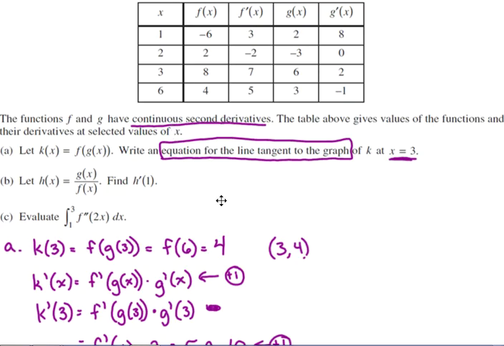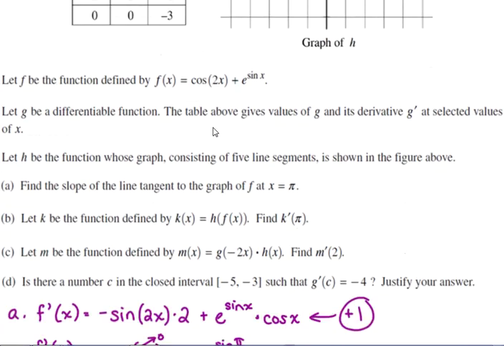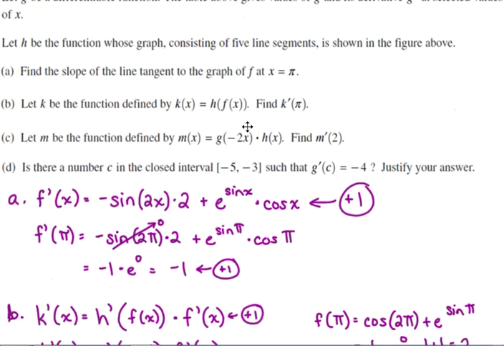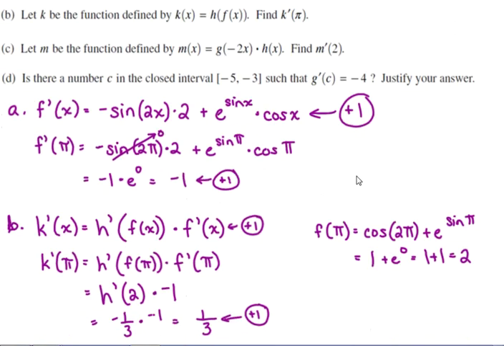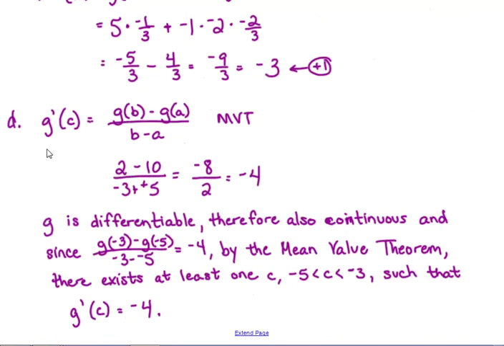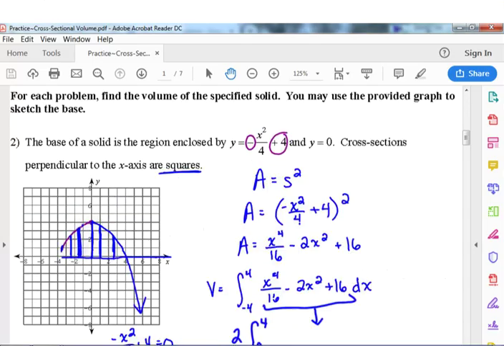Yesterday we did it with problem number 1. Is there a number c on the interval such that g prime of c equals -4? We use the mean value theorem, okay? g prime of c equals g of b minus g of a over b minus a. We can do that with the second derivative here and the first derivative for the secant line, so to speak.